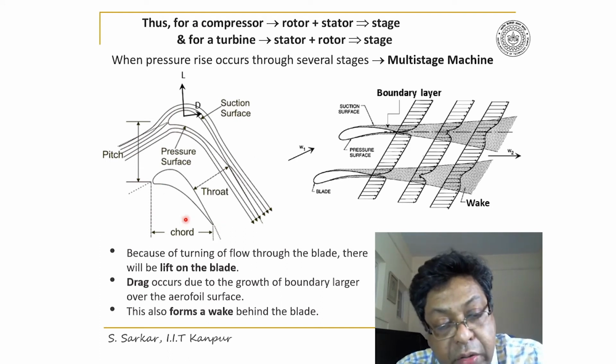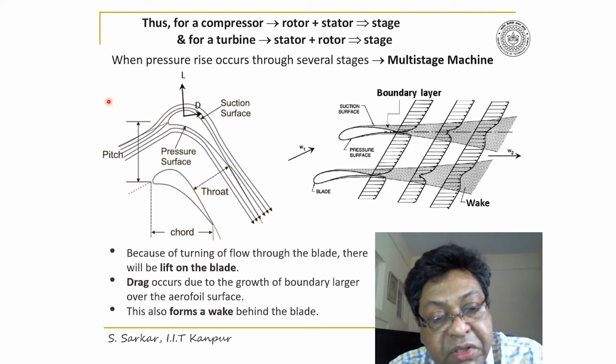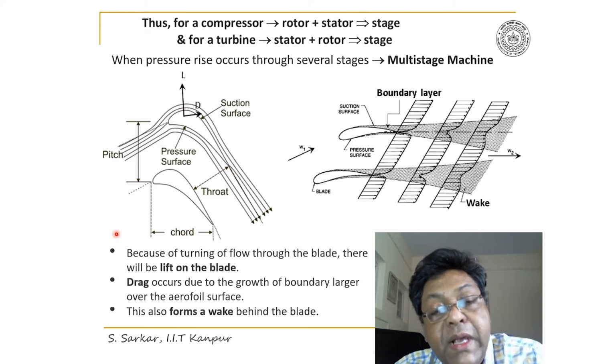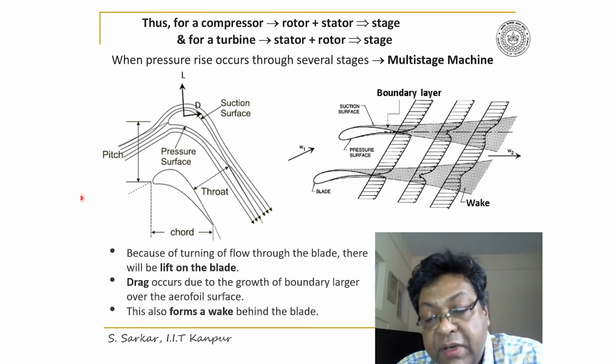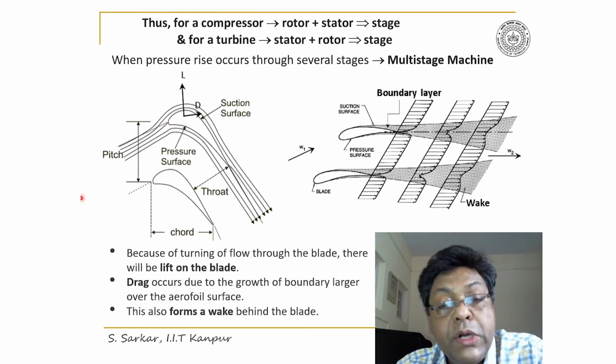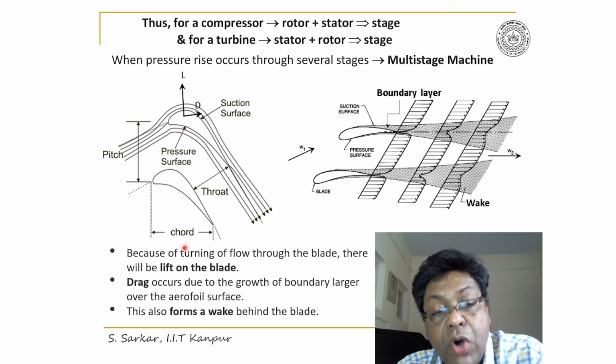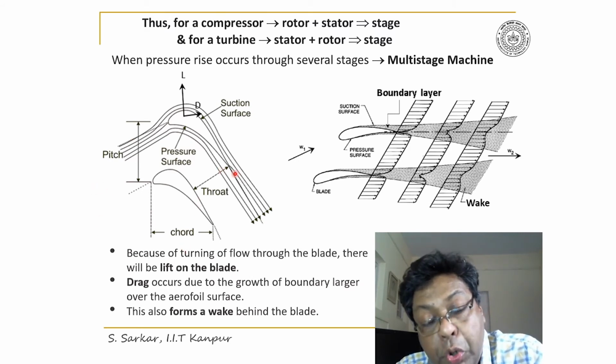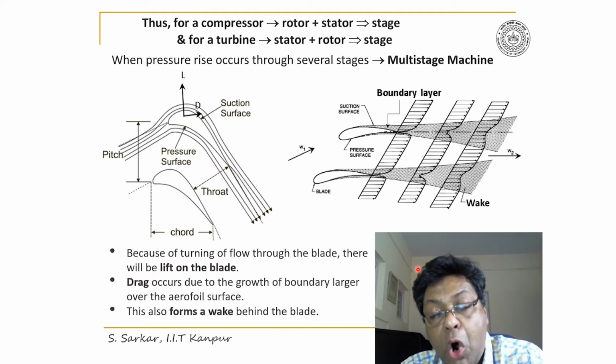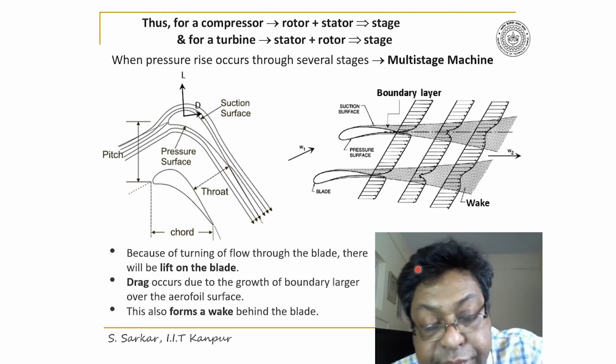I have shown here the chord, and this is the throat, which is the minimum perpendicular distance between the two blades. And this distance is called the pitch. So pitch, chord, throat are very important geometric parameters.